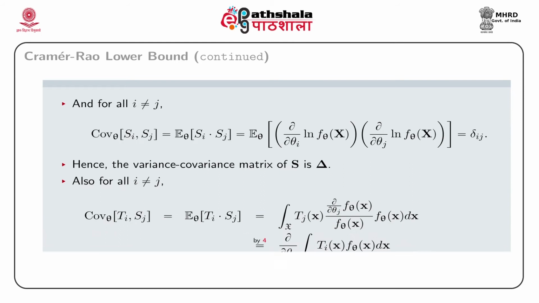Also, for all i < j = 1 to k, the covariance between Ti and Sj is equal to the expectation of Ti into Sj.